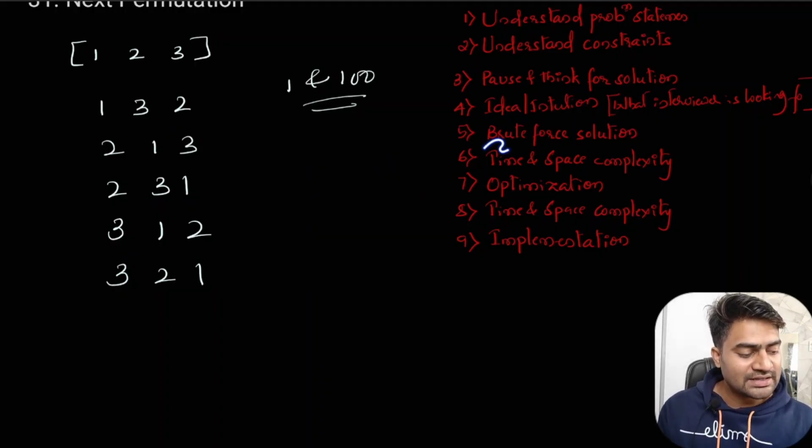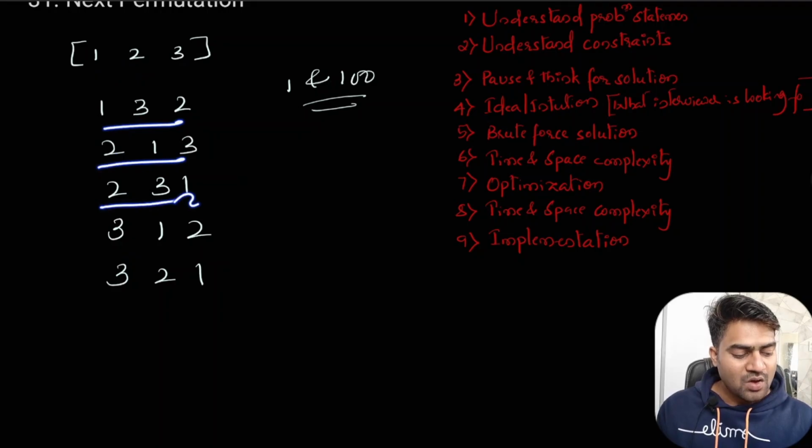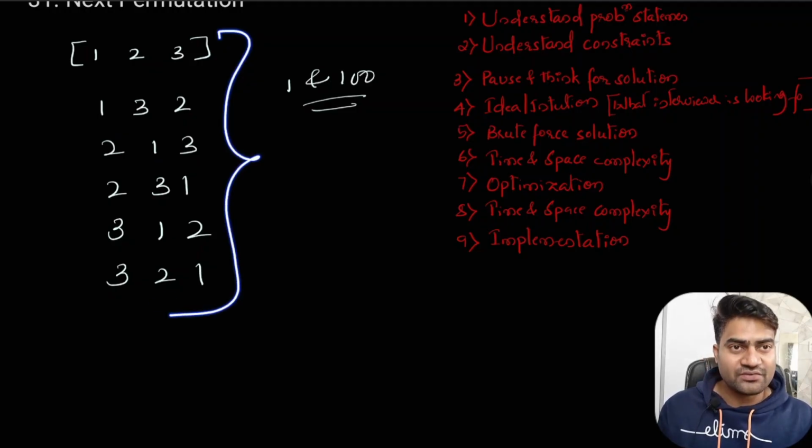But before that, let us try to understand the brute force solution for this problem. We already saw that if any array is given, we will try to find all the possible combinations. Then we will sort them in their lexicographical order. If that is the case, we will get the entire list of all combinations of the array.